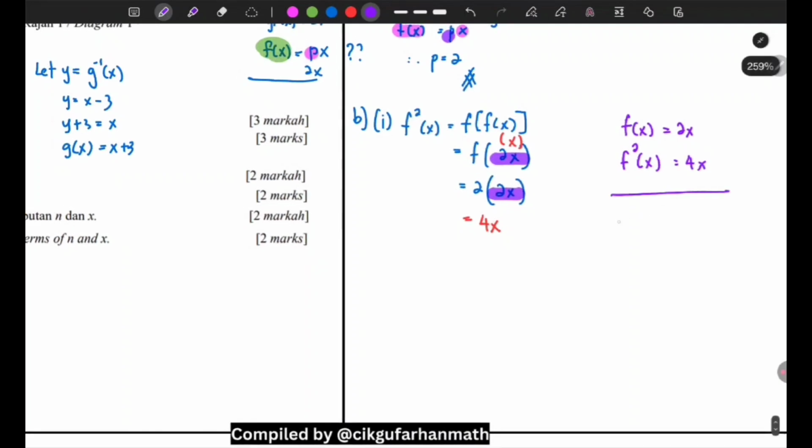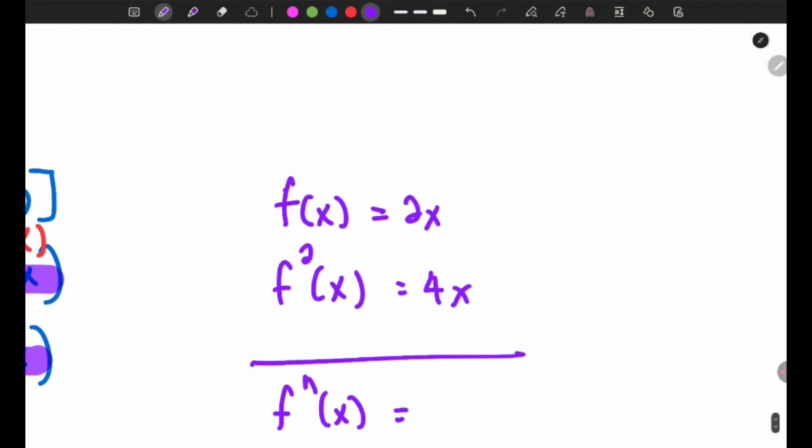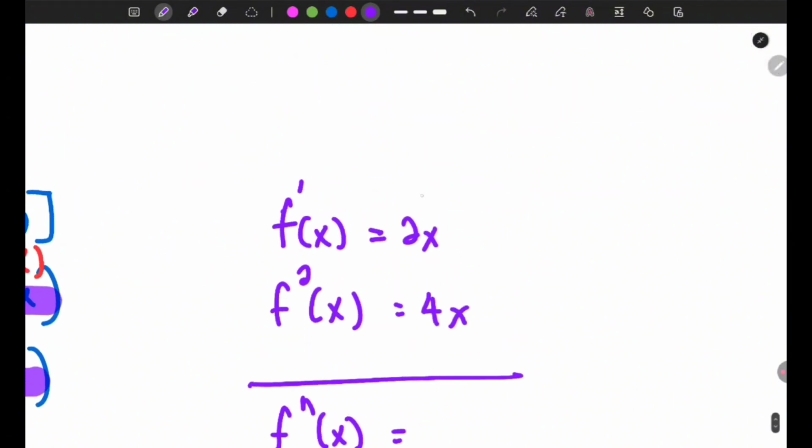That means I actually can say from here already my f^n(x), something like how it should look like. It's like to the square, right? If here's 2 to the power of 1, it's like square 1. 2 to the power of 1, 2 to the power of 2.